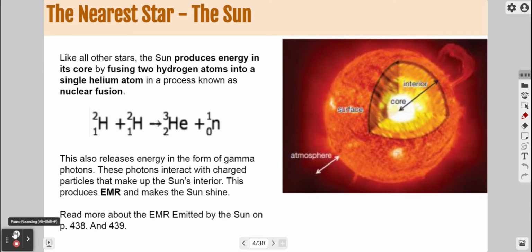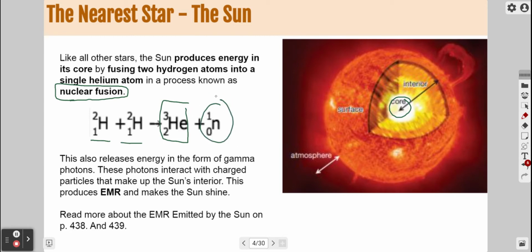So the sun, our star closest to us, just like other stars, produces energy in its core, right inside the center there. And this energy is created through a nuclear reaction called nuclear fusion. Right, where you have two hydrogen atoms, they combine to form helium and also a neutron.